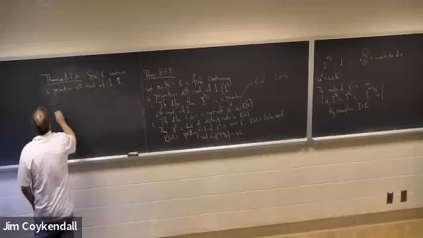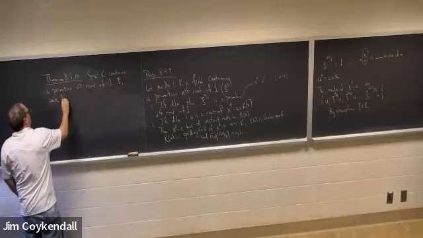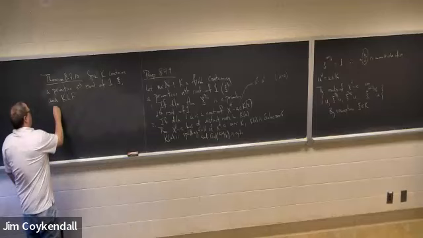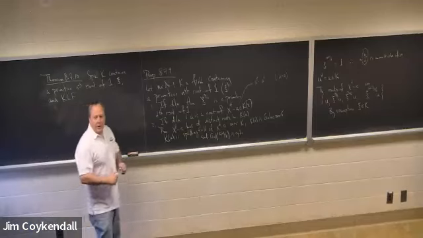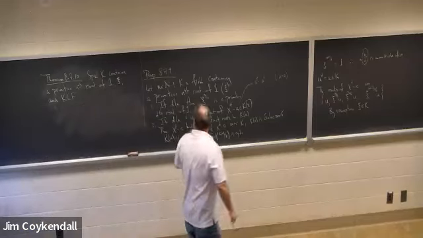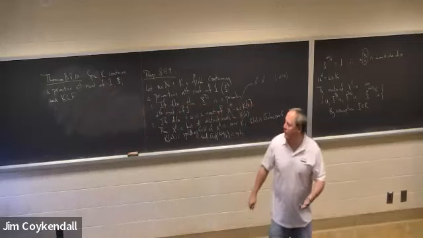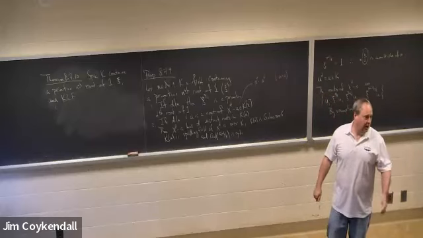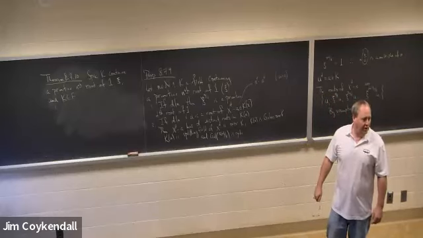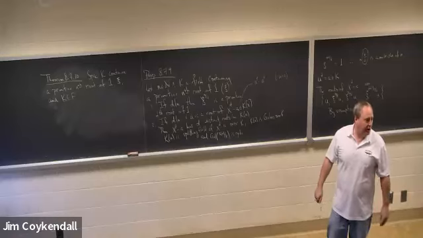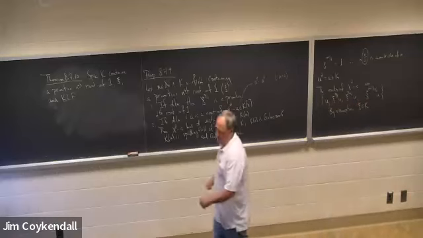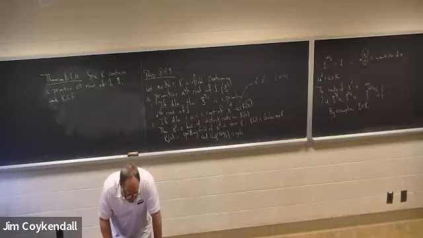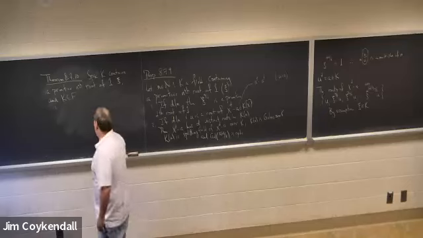So K is just some field that contains a primitive nth root of unity, and F is some field extension of it. Let me give you an example. For example, if K is Q, then certainly Q contains the primitive square root of unity, namely -1. The following conditions are equivalent.